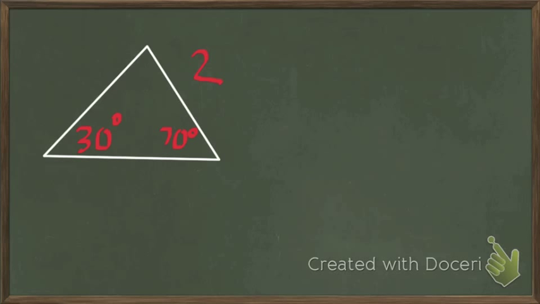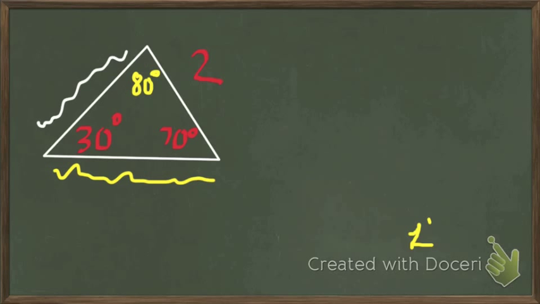Now, because of the interior angle sum of a triangle, I suppose most of us could work out that that angle is 80 degrees, but what about the sides? What about the length over here? What about the length of the side over here?